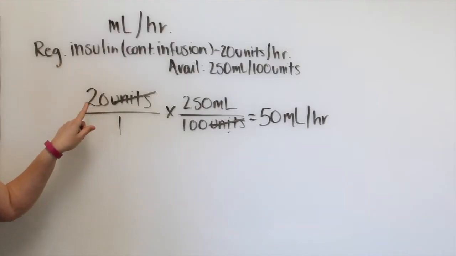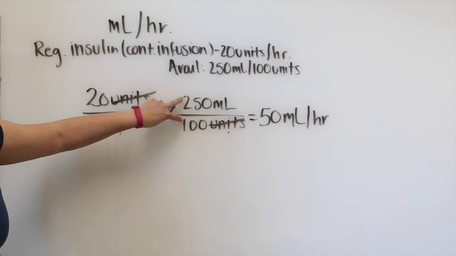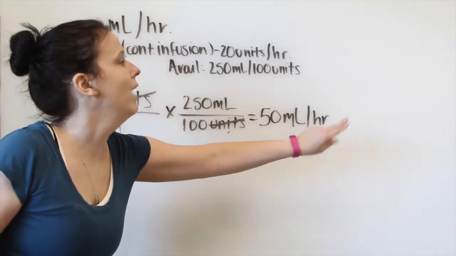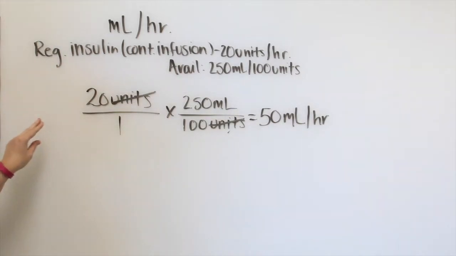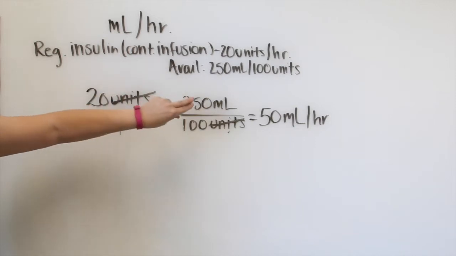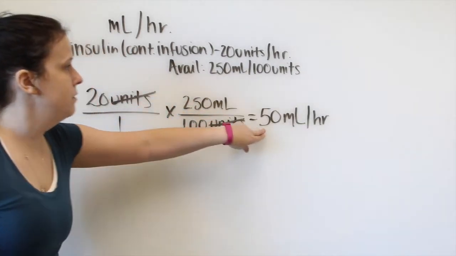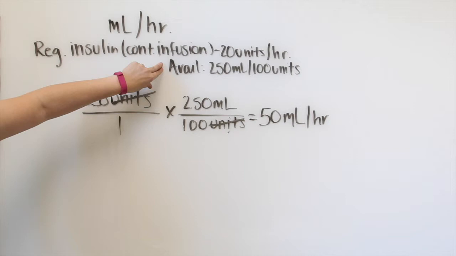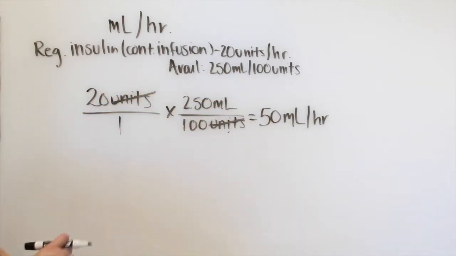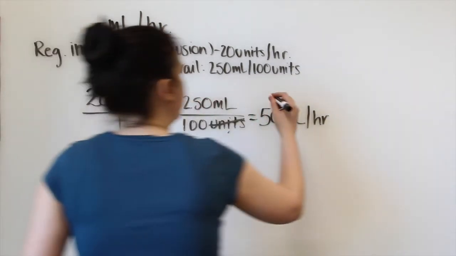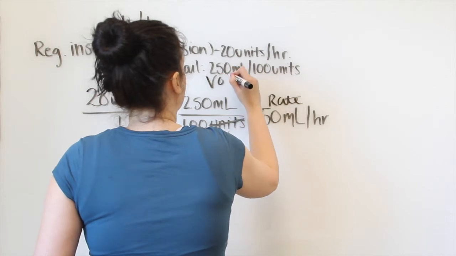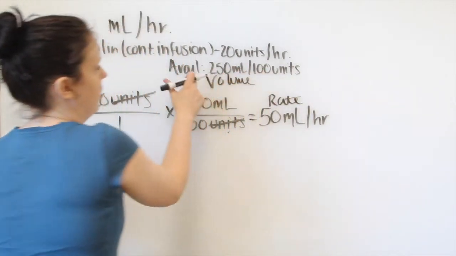So you just multiply 20 by 2.5 because this is basically 2.5, and you get 50 milliliters per hour, which is what you can plug into your pump. And so that's your rate, 50 milliliters per hour, and your available dosage or your volume to be delivered is 250. So this is your rate, and that's your volume in your pump.